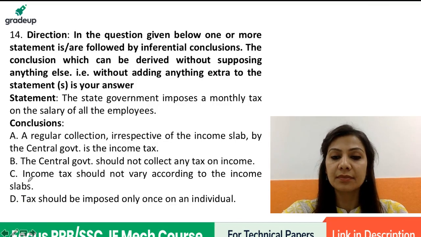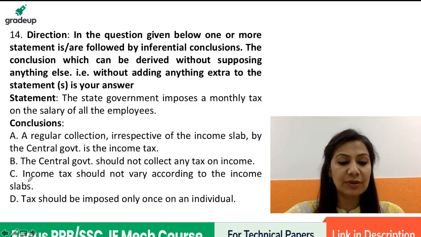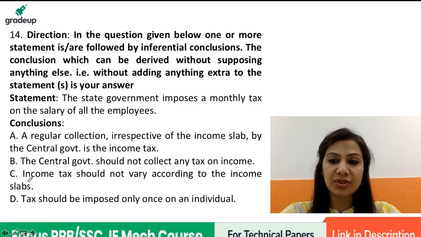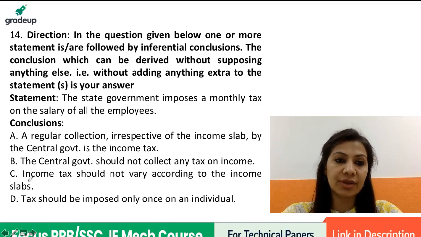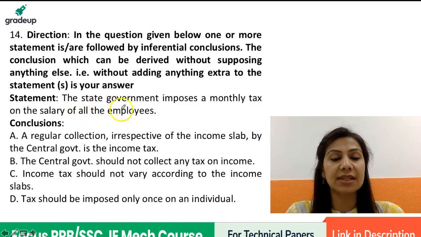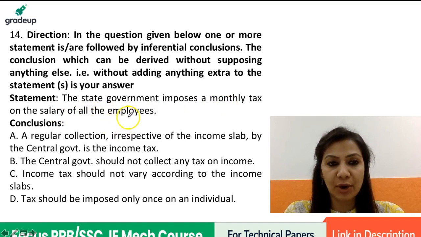Okay. Let's check out the next question, number 14. You are given a statement and you have to select the right conclusion. In the statement we have been given: the state government imposes a monthly tax on the salary of all the employees.